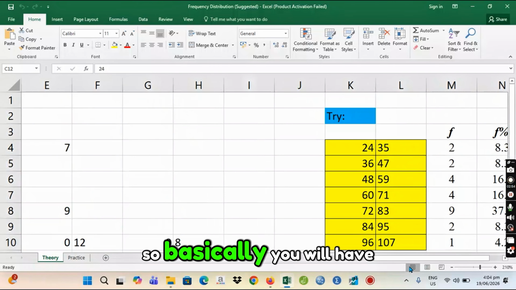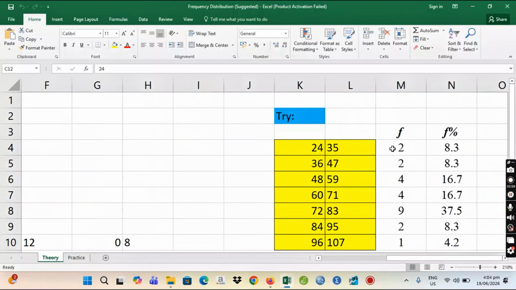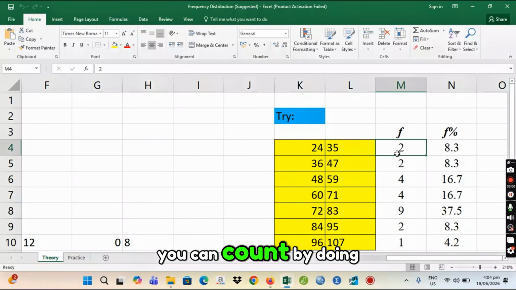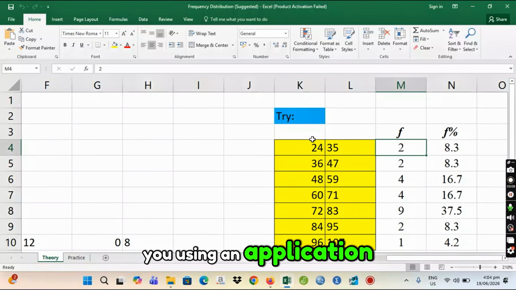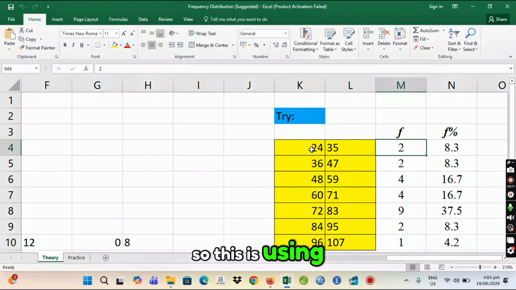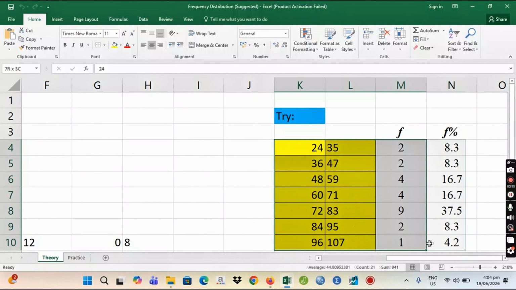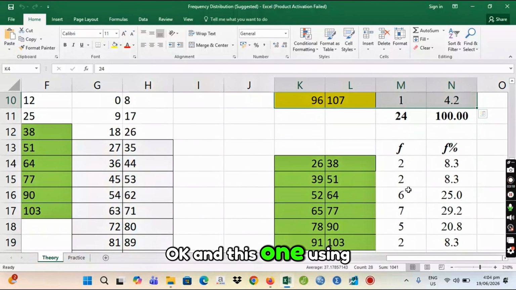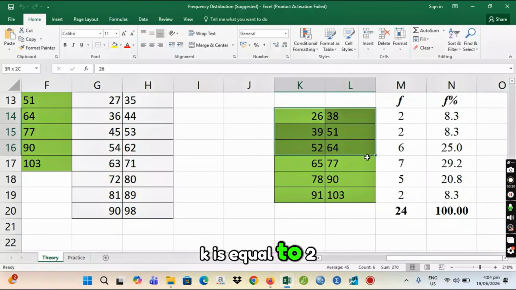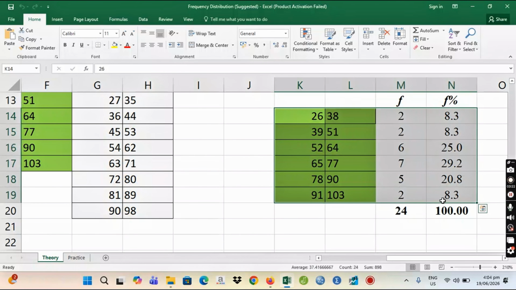Basically, you will have this one. When you perform it manually, you can count by doing the tallying. Of course, later I will present to you using an application. This is using K equal to 7, and this one using K equal to 2, 4, 6.